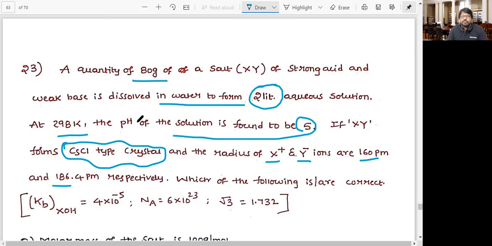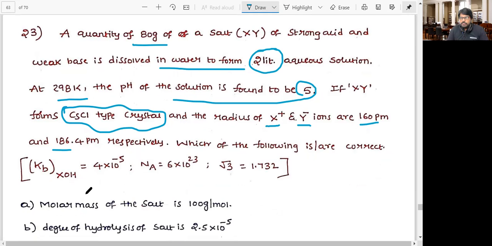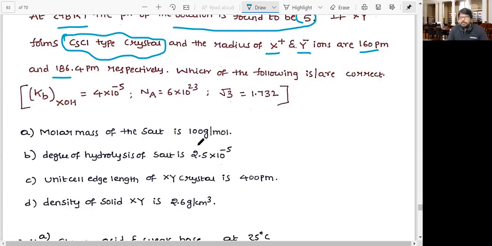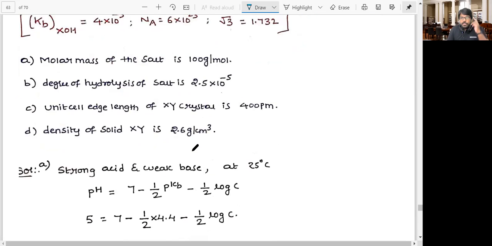Now, what is the molar mass of the salt? We have to find that actually. Okay, let us first find whether it is 100 or not. See, he gave a salt of strong acid and weak base. So you need to recollect the ionic equilibrium concept.